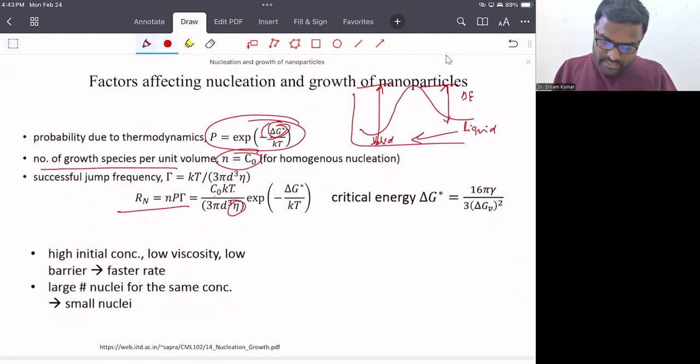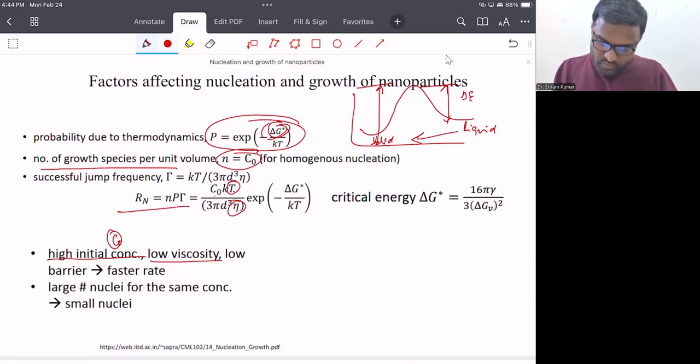So if we have higher initial concentration C0, there is an increase in the rate of the nucleation process. If we have higher temperature, that means that we are increasing the nucleation process.